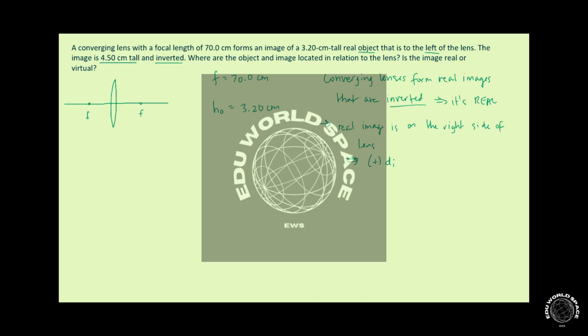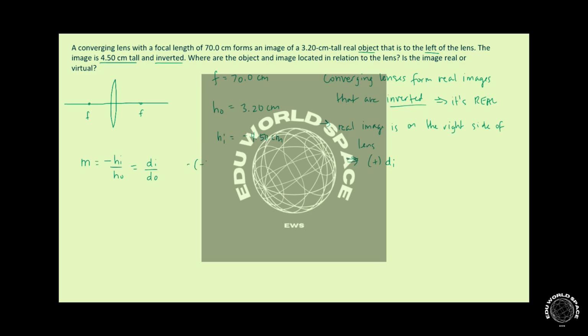All right, and the fact that it is inverted tells us that we need to assign a value of negative 4.50 centimeters. So we're going to come back to our magnification equation, which has negative image height over object height equals image distance over object distance.